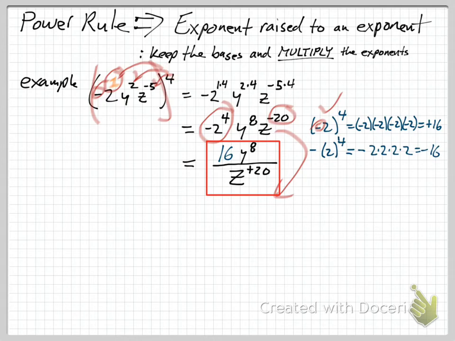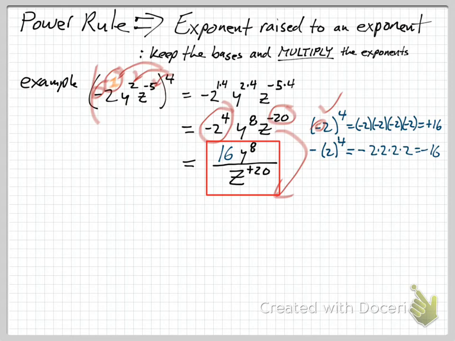So it is actually negative 2 raised to the fourth power and not this guy. What would make that right? This negative would have to be out here. And then we would have this situation.